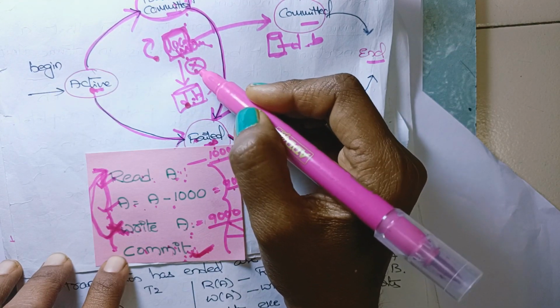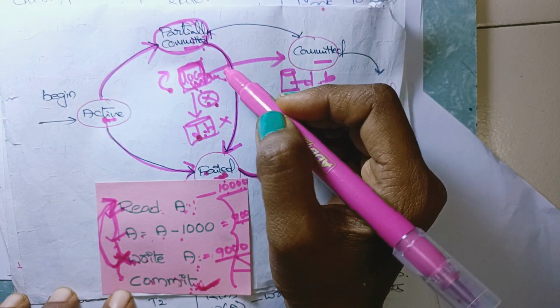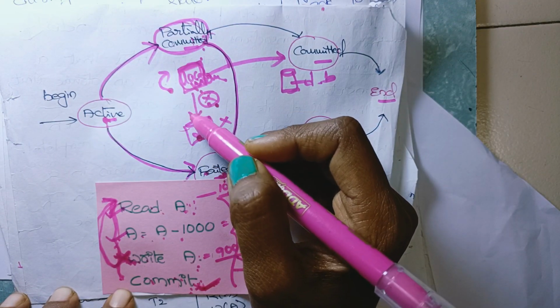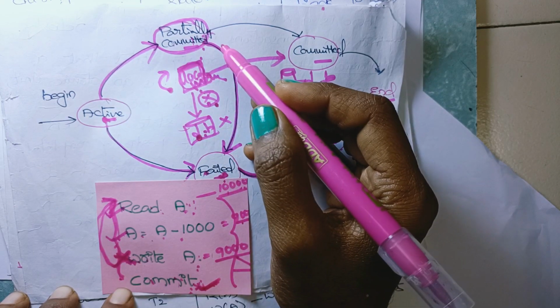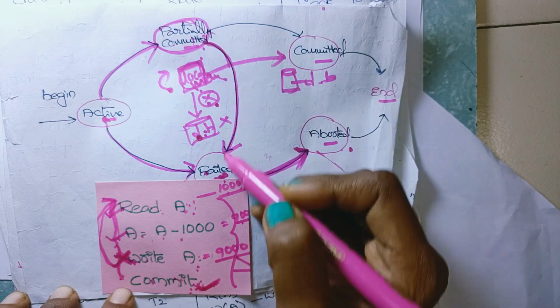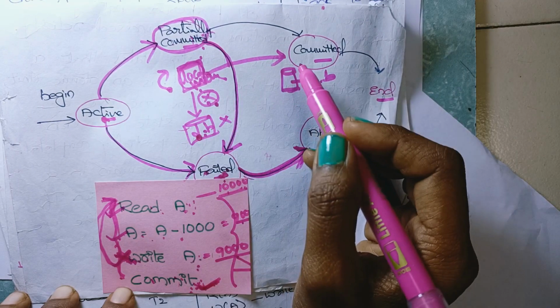During this process, if any failure occurs, whatever changes were done in the local memory are also rolled back. Next it will go to the failed state, and from failed it will go to aborted.